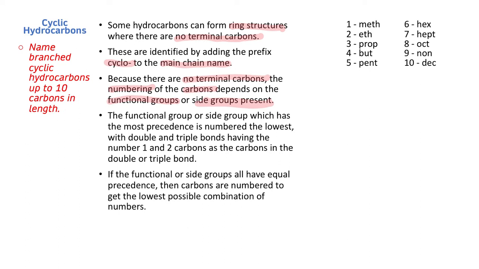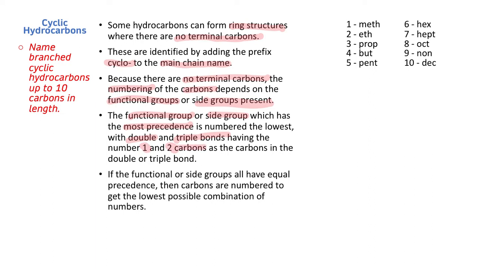The one with the most precedence, generally the double bond, then the triple bond, then the halides, and then the side groups, is numbered the lowest. Effectively, we get number 1, with double and triple bonds having numbers 1 and 2 in the carbon chain.